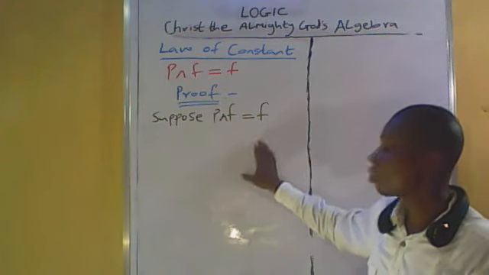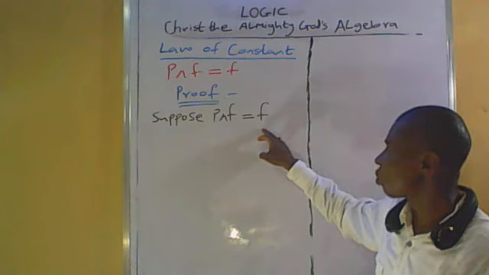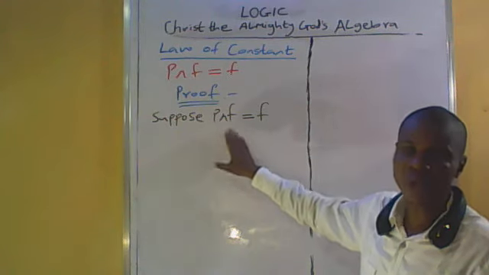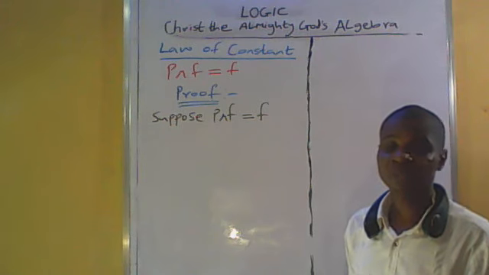In the same vein, whenever the right hand side equation is false, the left hand side equation is also false. So it is logical equivalent.